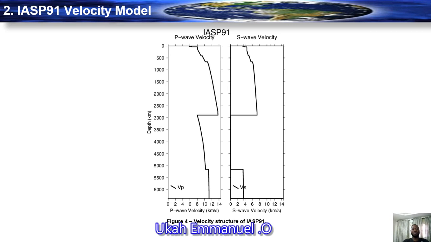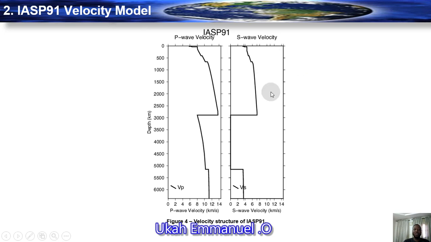Yeah, this is the structure of the IASP91 velocity model. So you can see here the P wave structure, starting from here down to D''. This is the P wave structure, and there are no vertically polarized waves in this velocity structure. You also need to notice that there is no density.